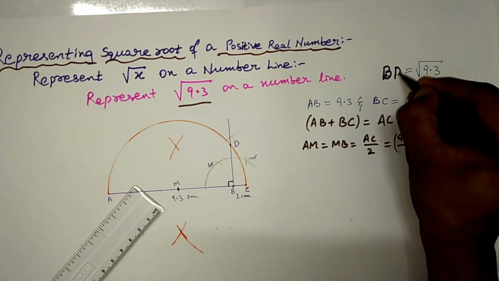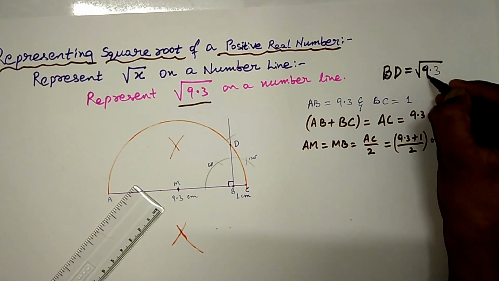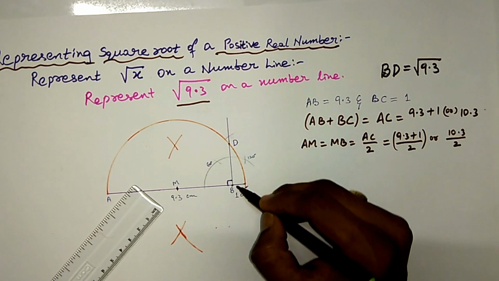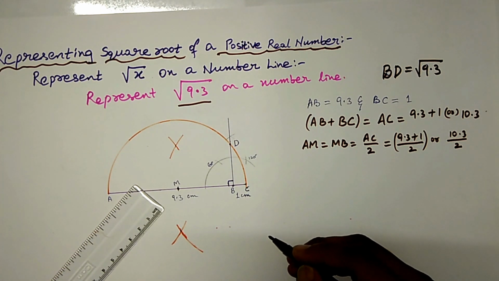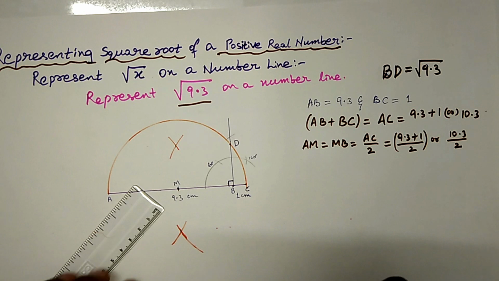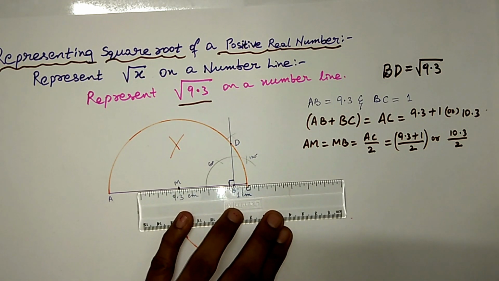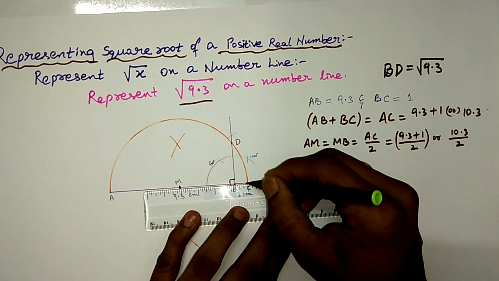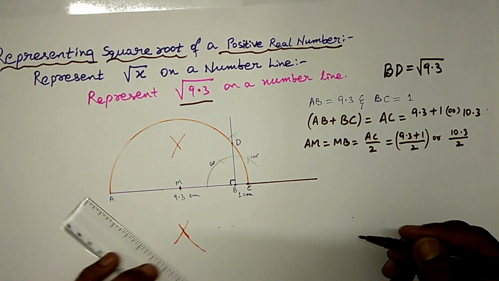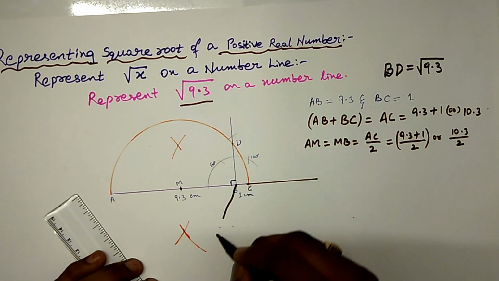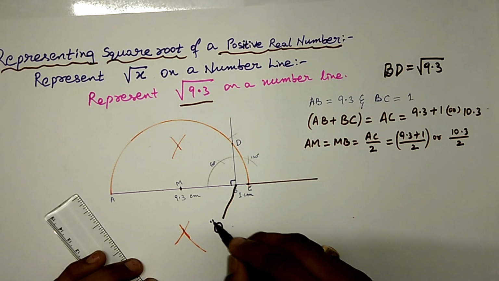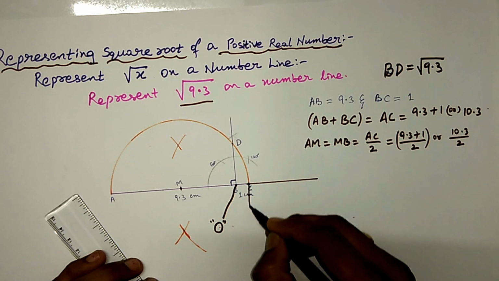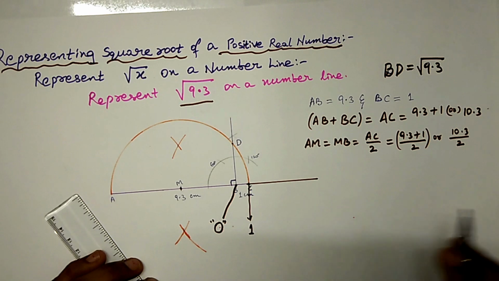How this BD length can be root 9.3, we are going to learn. Suppose you have got BD length as root 9.3, then I can extend the line AC further and name this point B as 0, and already I have point C as 1.